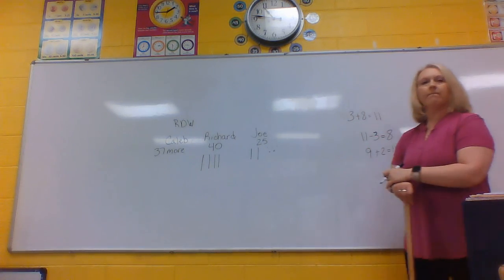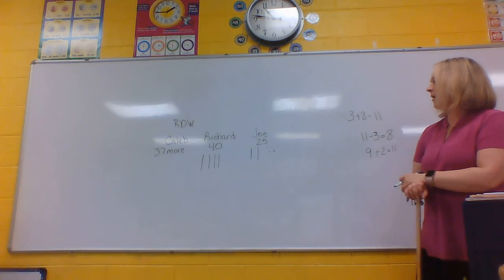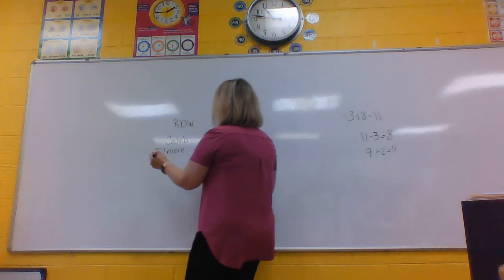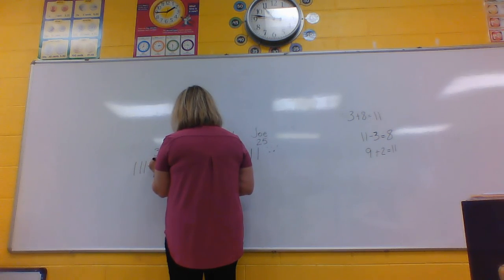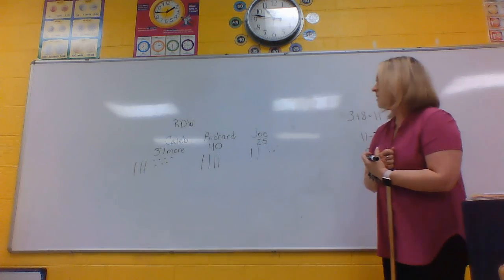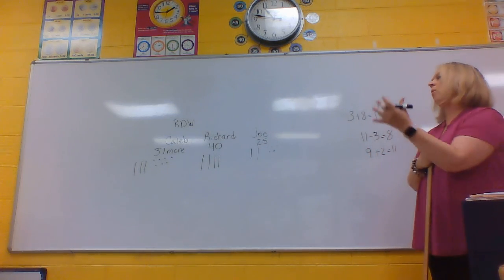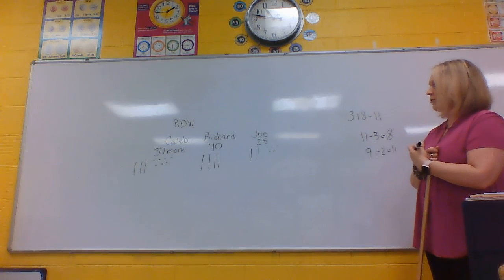Do you see that? We can go ahead and draw 37 too. We're going to go 10, 20, 30, then 1, 2, 3, 4, 5, 6, 7. See, Caleb has 37 more than Richard. Richard has 40, and Joe has 25.